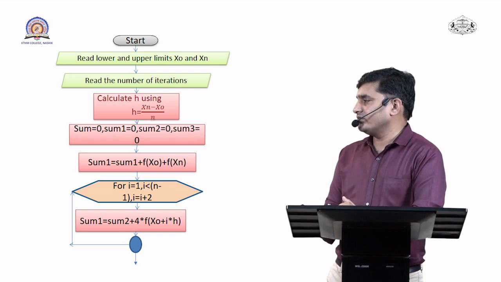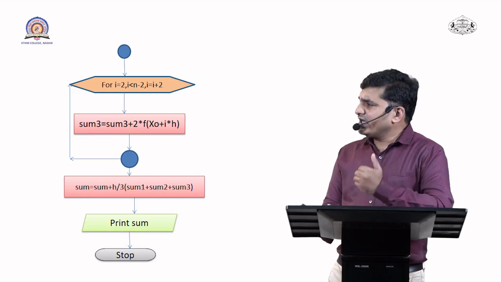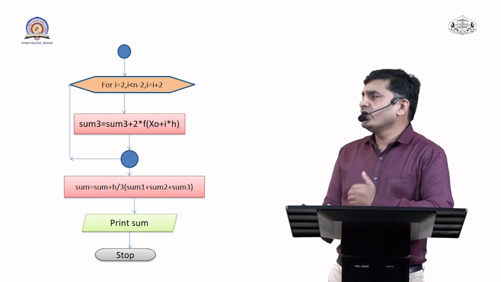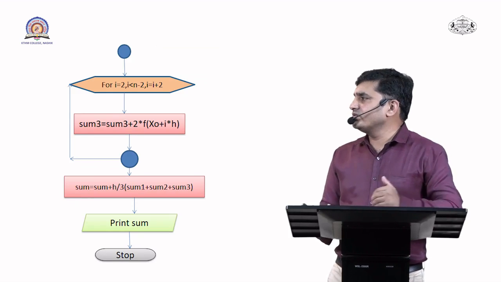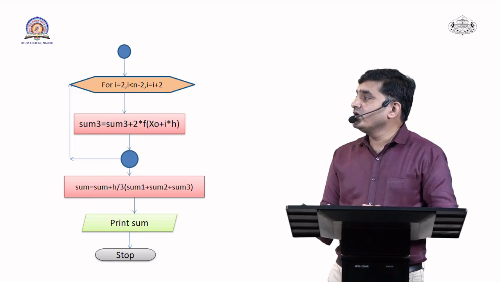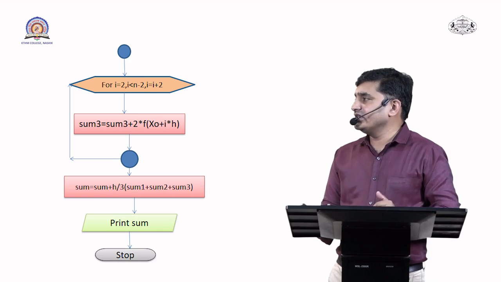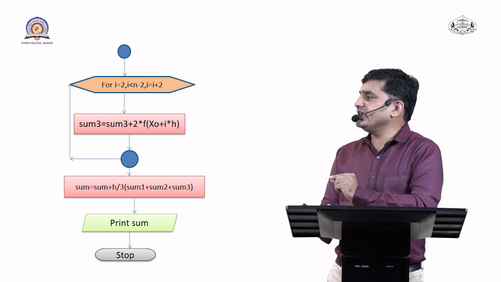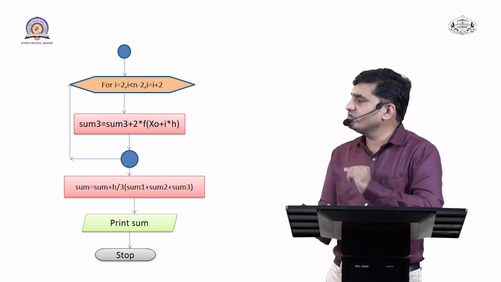Okay. Now again initialization. Here I is equal to 2. I is incremented by 2 and check the condition: I is less than n minus 2.